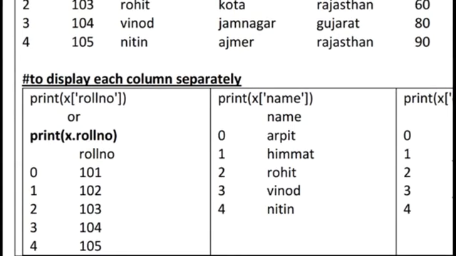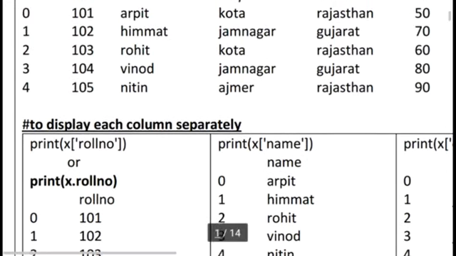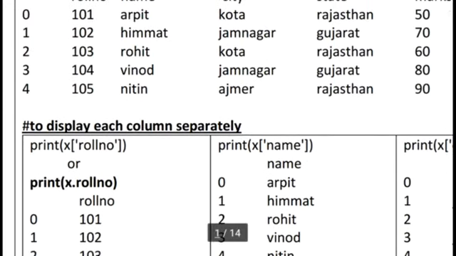So keep in mind both styles. When you use the dot, no need for square brackets, and when you use square brackets, no need for the dot. Also, when you use x dot roll number, there is no need to use enclosing single quotes. Directly we can use x dot roll number.